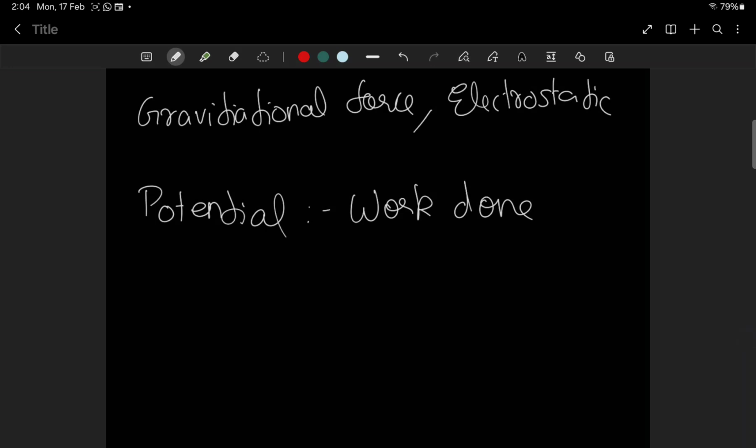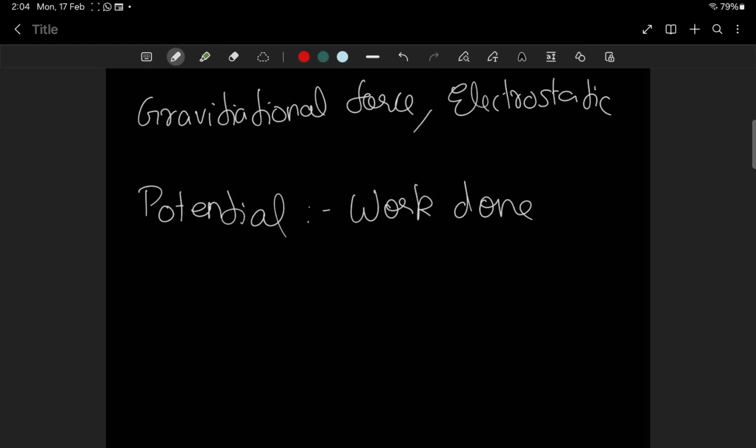If you take gravitational potential as an example, gravitational potential means it's the work done to bring a unit mass from infinity to a certain point. It is the gravitational potential.